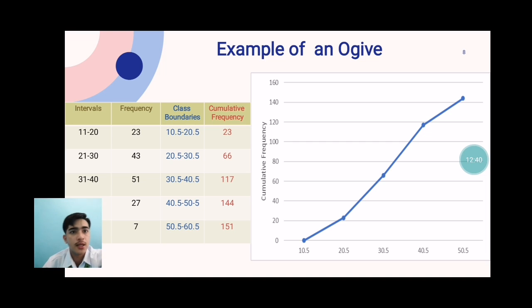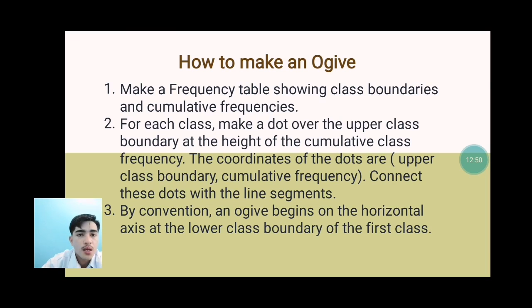So how to plot the ogive? We go back to the steps on how to graph an ogive. For each class, make a dot over the upper class boundary at the height of the cumulative frequency. The coordinates of the dots are the upper class boundary and the cumulative frequency.